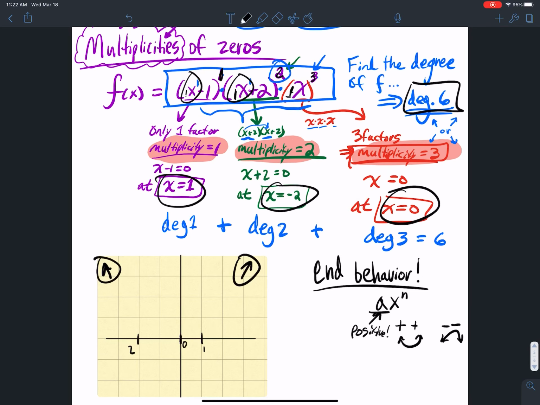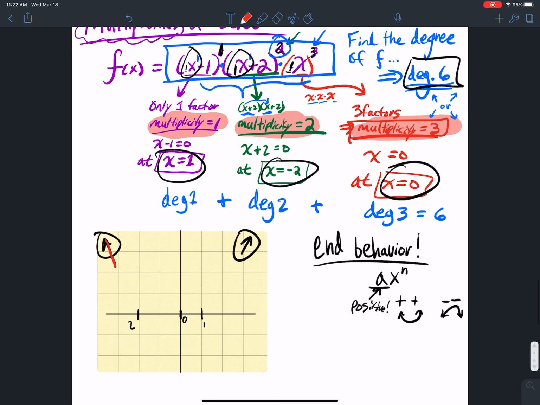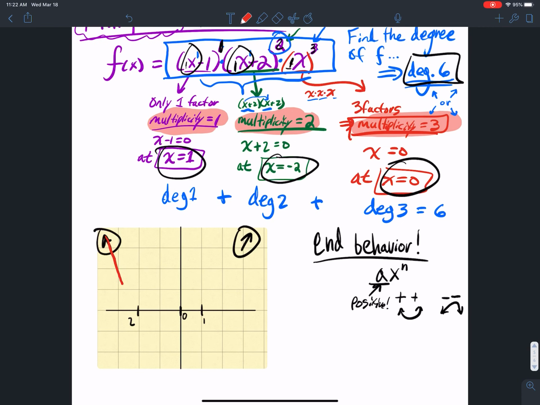Okay. So let's graph this. How do we graph this? Well, we know we're coming down. All right. My first root that I'm going to run into is this -2. Now, what's going to happen when I get close to my root? The multiplicity is even.